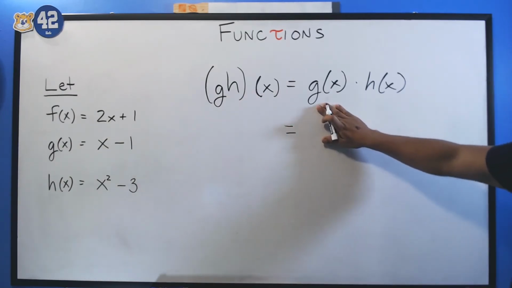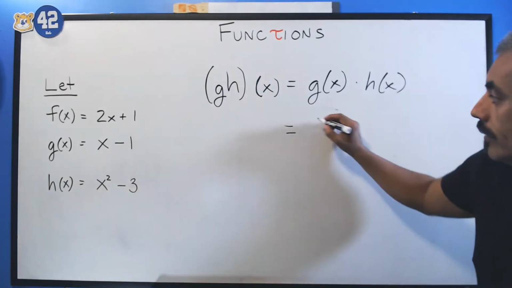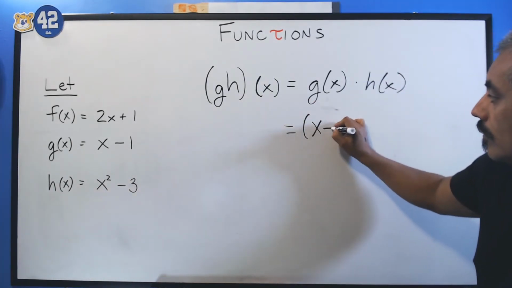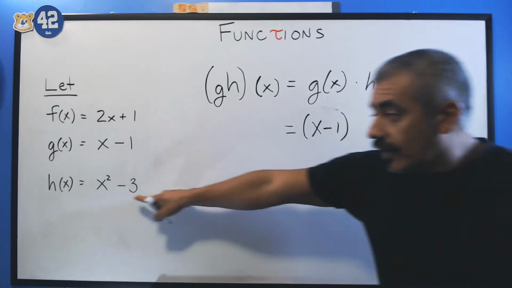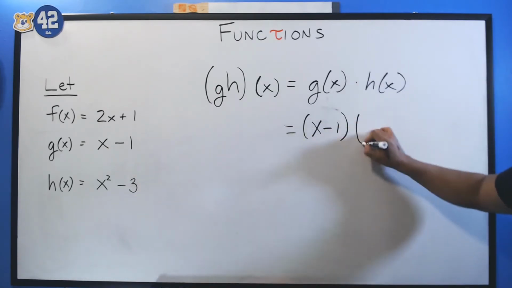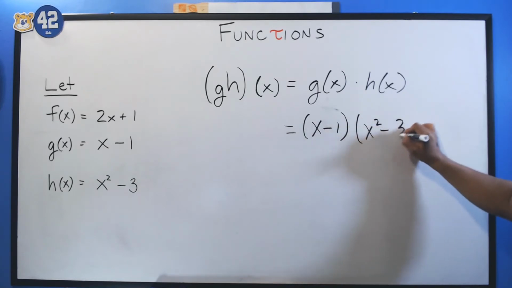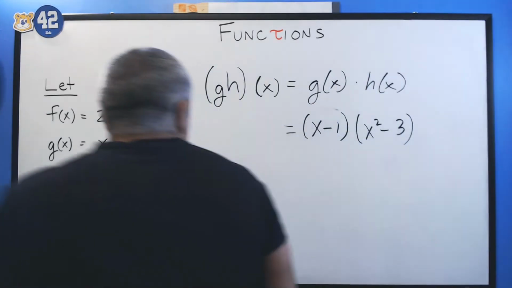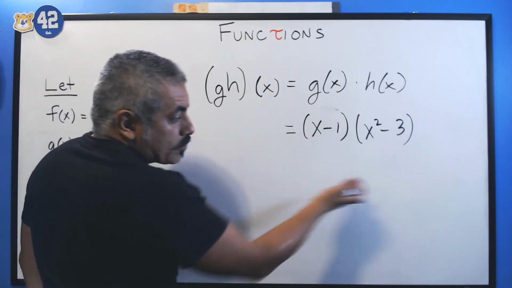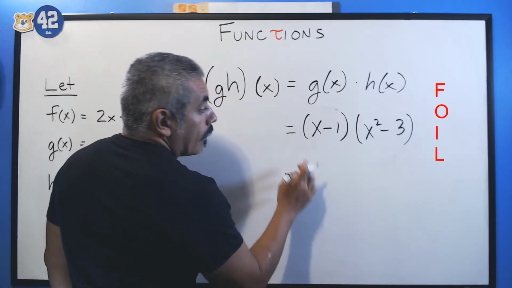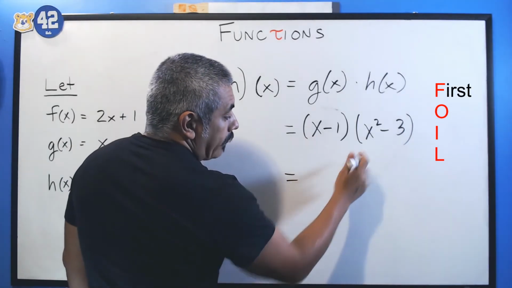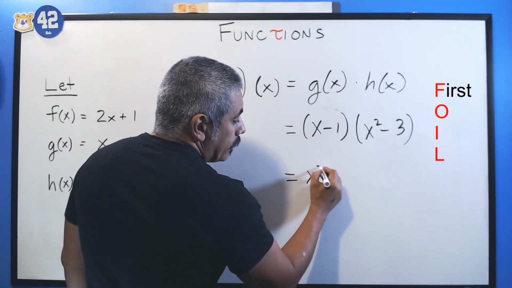We have g of x, which is x minus 1, times h of x. And h of x is x squared minus 3. From here, we're going to FOIL in order to multiply this out and see what we come up with. X times x squared is going to be x cubed.